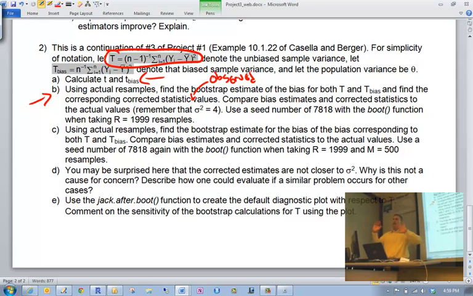We weren't talking about observed values at all in that example in the notes involving the variance. But here we're just doing one sample itself. We're looking at an observed corrected statistic value. Now compare your bias estimate and corrected statistics to what we know are the actual values. Remember, Casella and Berger say sigma squared is equal to 4. Make a comparison.